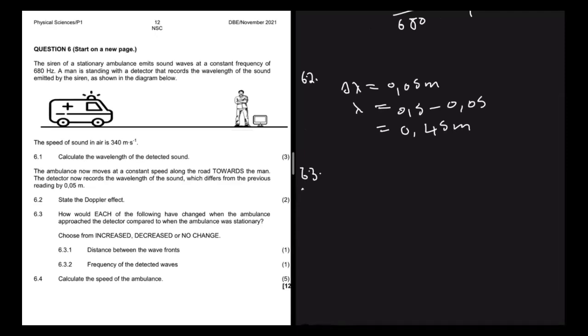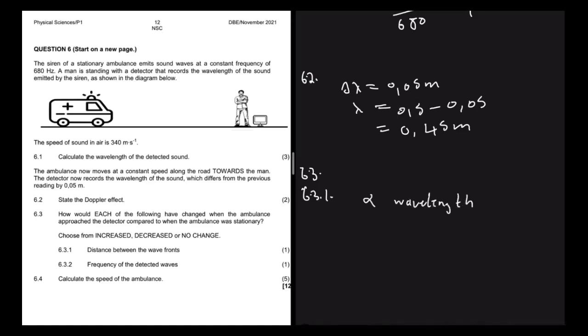And then 6.3, it says, how will each of the following have changed when the ambulance approached the detector compared to when the ambulance was stationary? And then we have 6.3.1, it says distance between the wave fronts. The distance between the wave fronts is directly proportional to the wavelength.